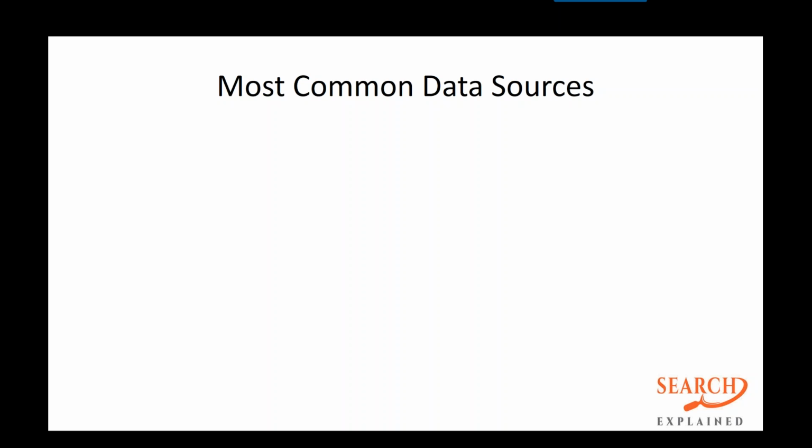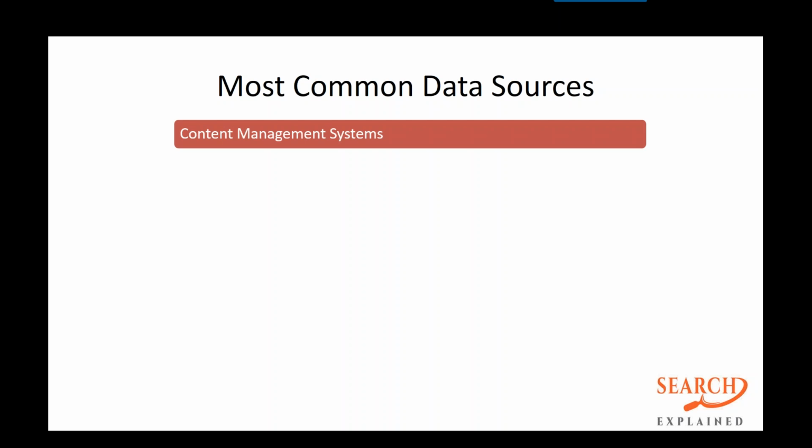everything from SharePoint. So the most common data sources I have seen during my experience are content management systems, for example, Documentum, Lotus Notes databases, HP Trim, or SAP. Each of them can be connected to SharePoint by using custom search connectors.